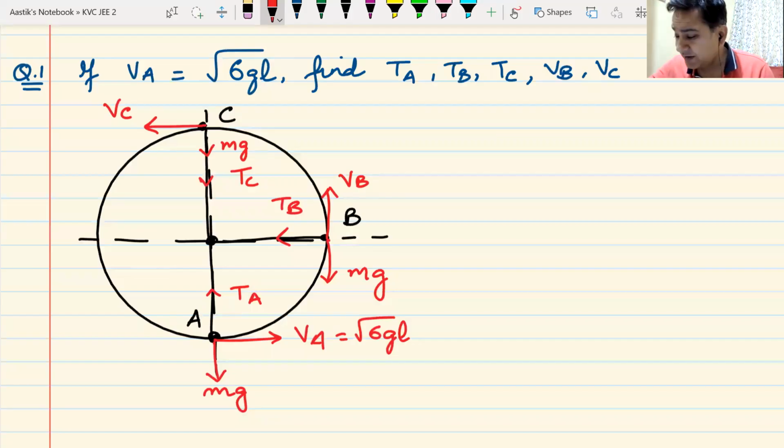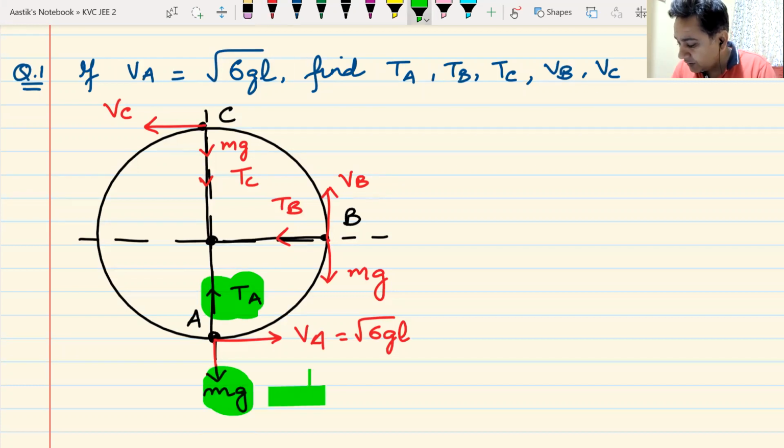Okay, so what I've done here is I've drawn the free body diagram so that I can save some time. And then I do my usual task. I write the green equation at point A, which is the equation for the centripetal direction at point A. Can anyone tell me what is the equation?